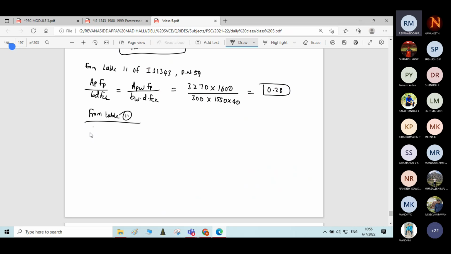From table 11, for APW FP by BW into D into FCK equal to 0.25, corresponding XU by D is how much?